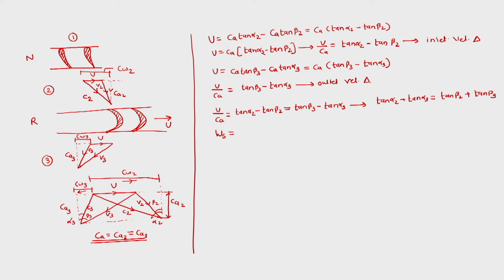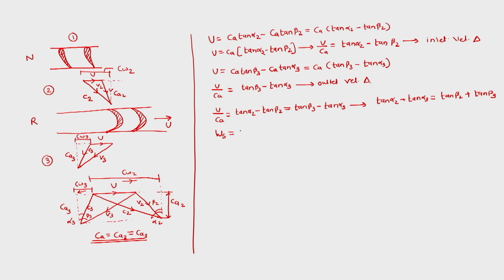We know that the formula is m dot into U into Cw2 minus Cw1. That is the formula we had derived, but in that case W was the work input to the system, but we found that for the turbine it is m dot into U into Cw1 minus Cw2. That is the formula we obtained from the Euler turbine pump expression.